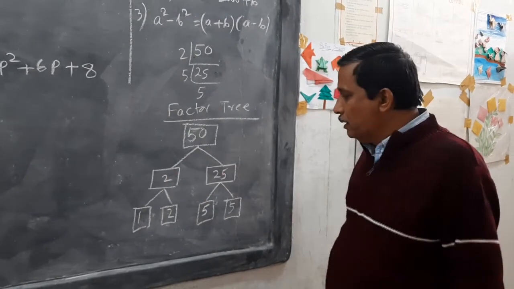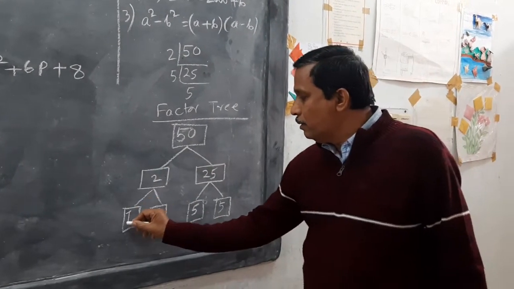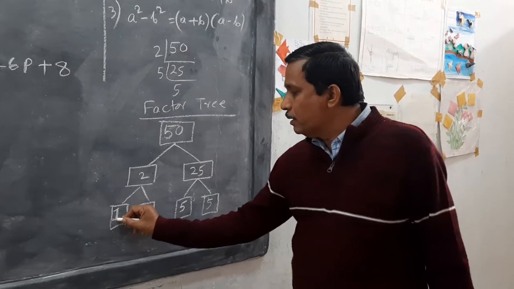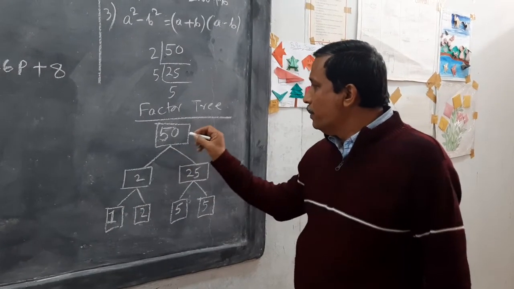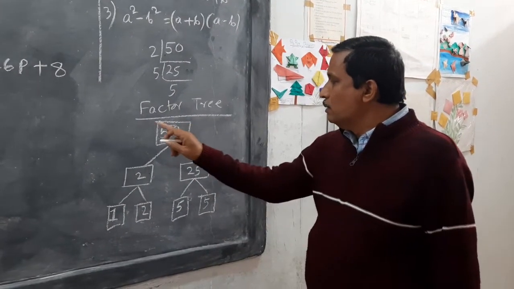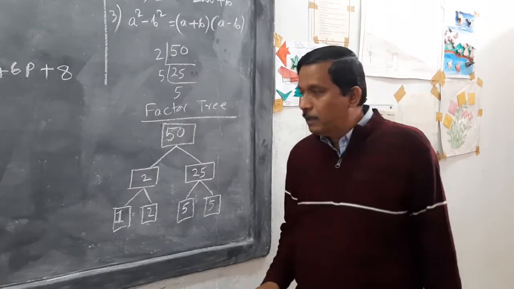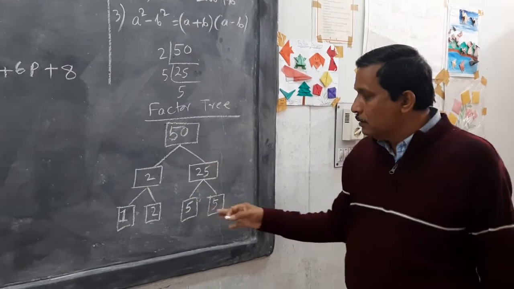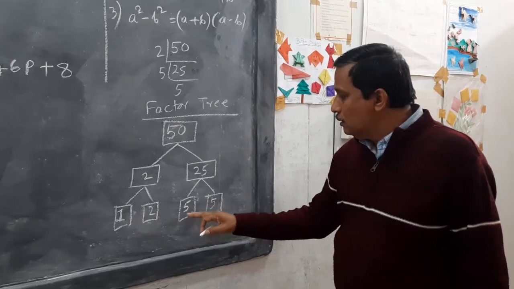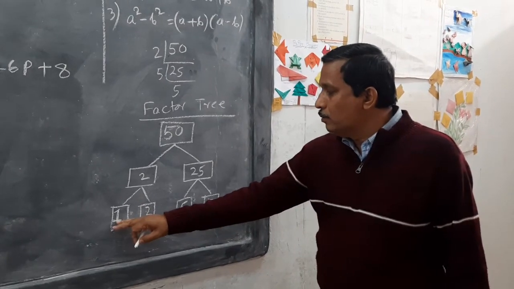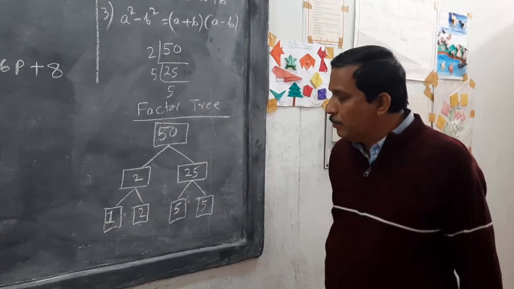I have written it there, but if it is not required, you don't write it. So this is the factor tree. When the question comes, draw the factor tree, then you can draw this. So these are your irreducible forms. 1 is your irreducible form.